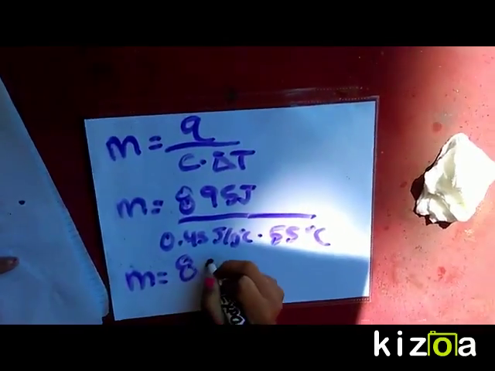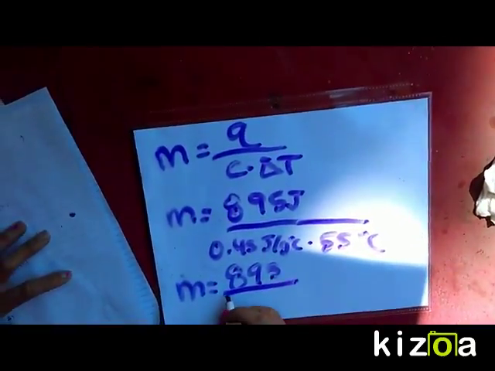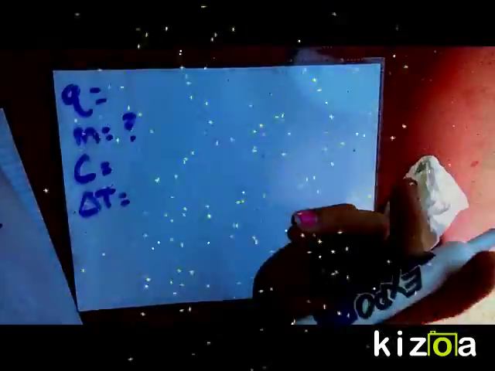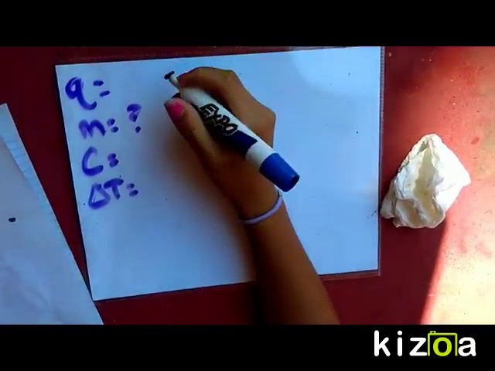Moving on, when you multiply C and triangle T, it will be about 25.